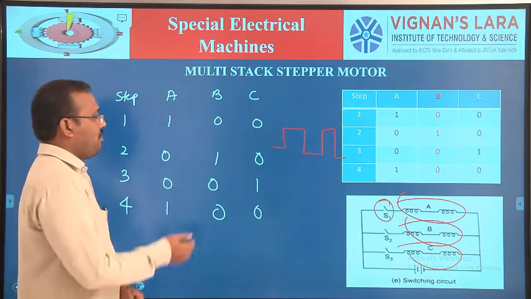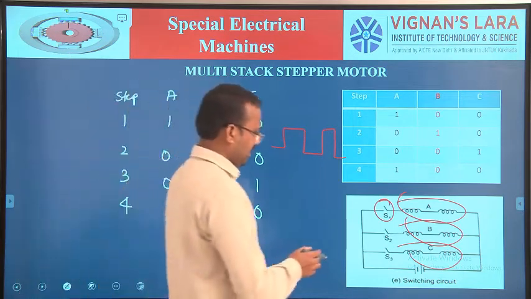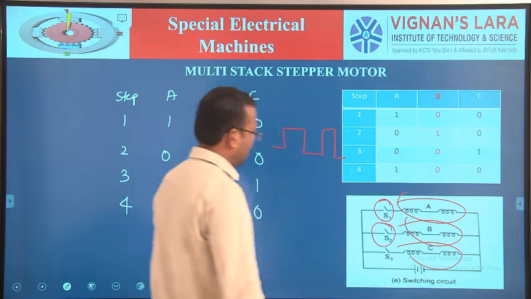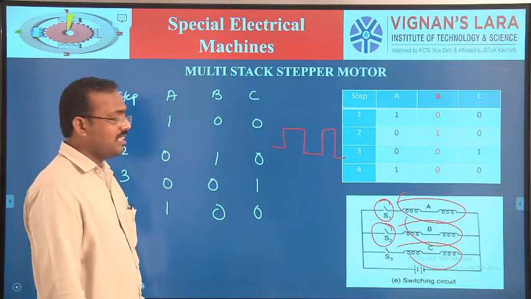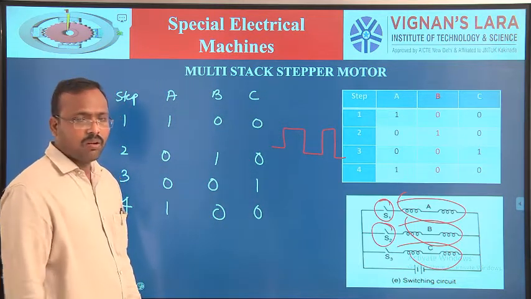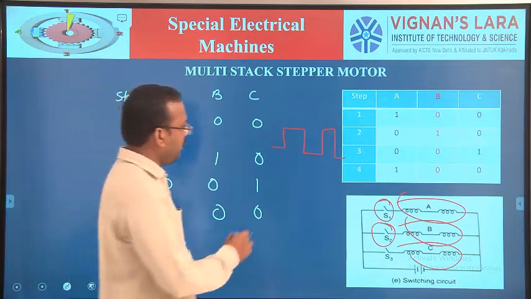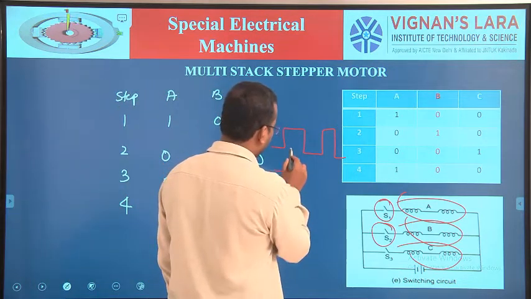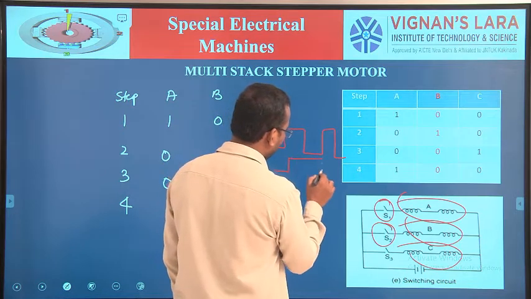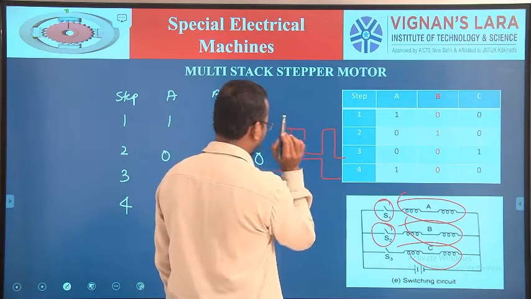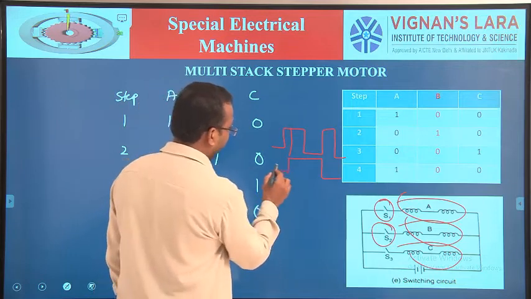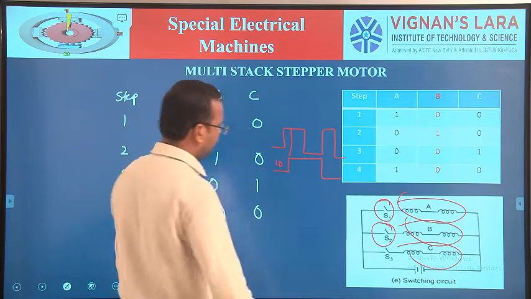Next, phase winding B is energized. Rotor stack B is delayed by the 10 degree offset angle. So it will start the movement from here, 10 degrees like that. So it is a 10 degree delay, a 10 degree offset angle.